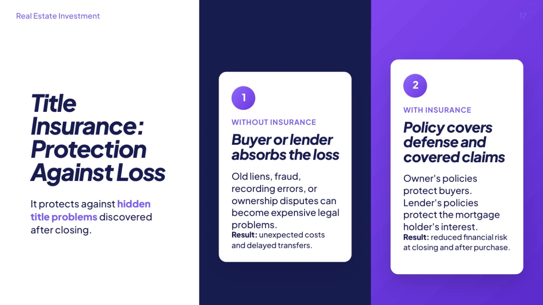On the other hand, when you have title insurance, the policy covers legal defense and any covered claims. There are two main types of policies: owner's policies, which protect the buyer, and lender's policies, which protect the mortgage holder's interest. This insurance significantly reduces financial risk both at closing and after the purchase, making it an essential part of any real estate investment.